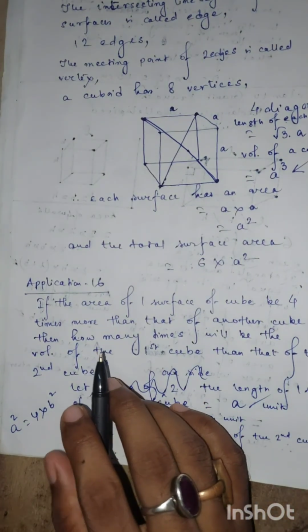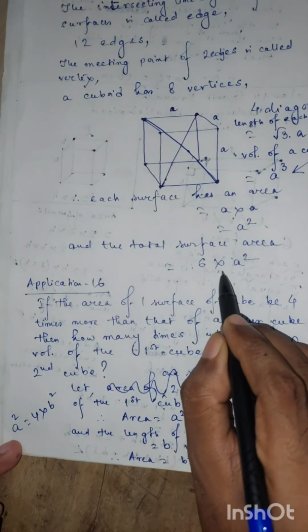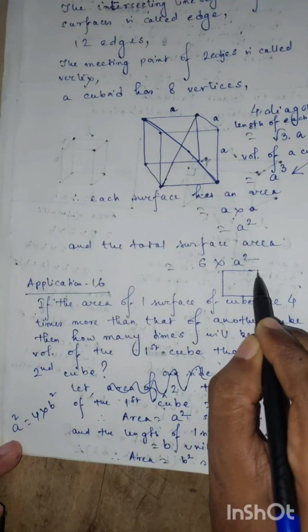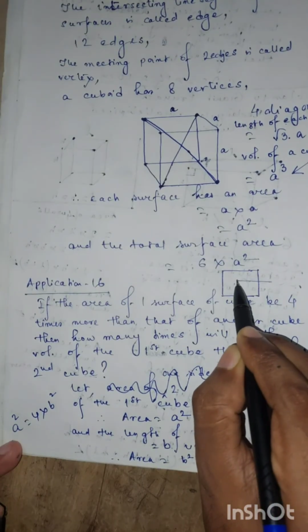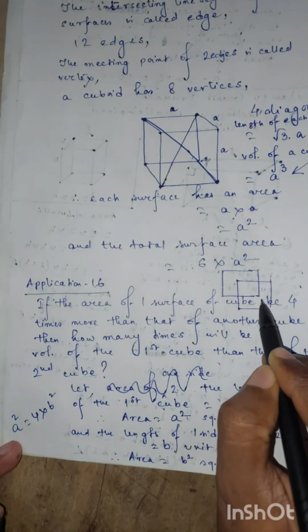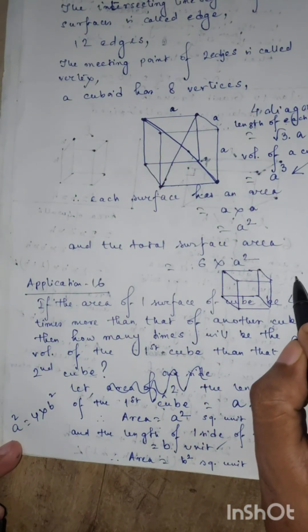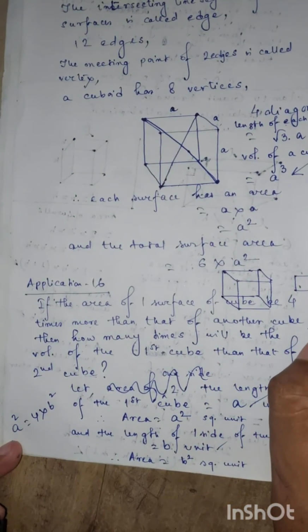Now let us draw these two cubes. First one is the bigger cube, and second one is the smaller cube.